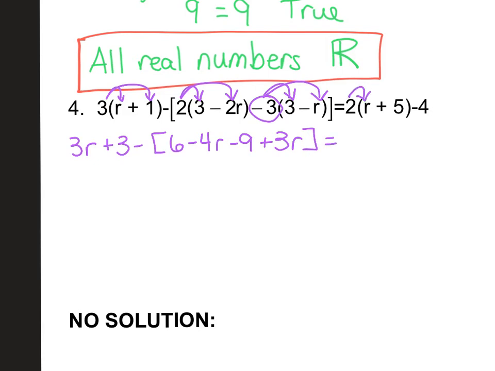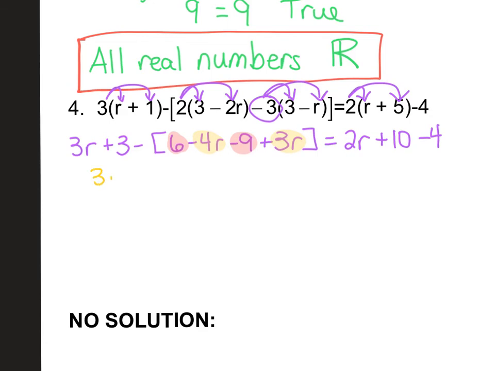And then I'm going to distribute on the right as well. 2r plus 10 minus 4. Okay, so brackets are treated just like parentheses. We still need to go ahead and do the order of operations and combine everything inside these brackets first.